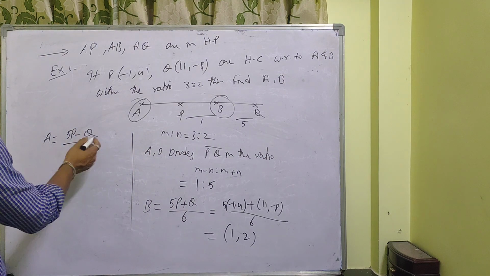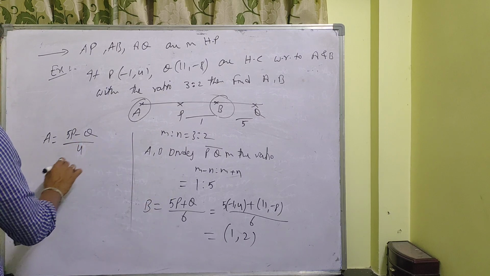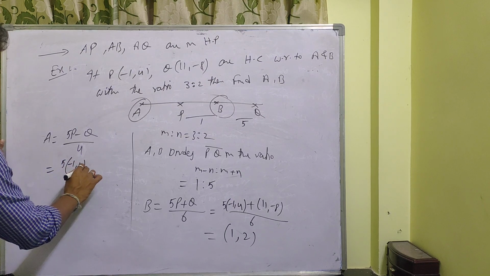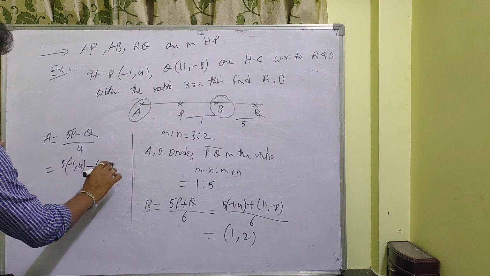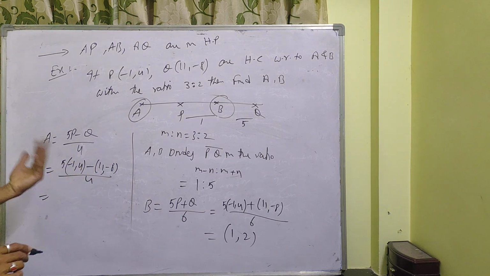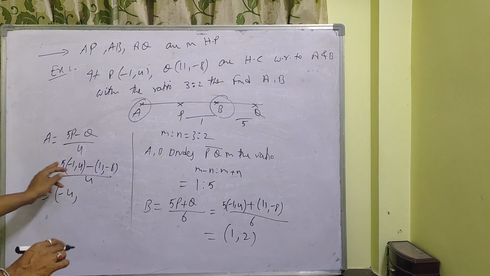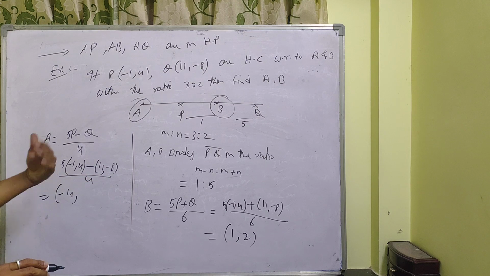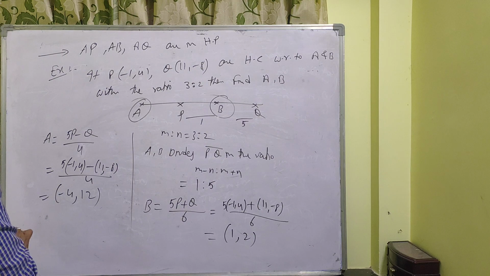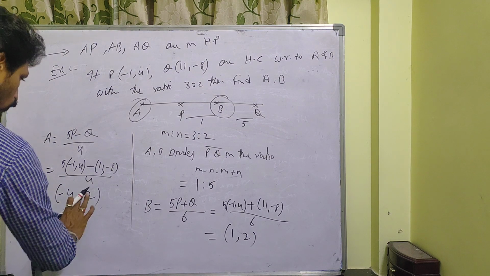Okay, both are same. 5P minus Q by, so 5 minus 1, that is 4. So 5P, that is 5 into P means minus 1 comma 4 minus Q means 11 comma minus 8 by 4. So minus 5 minus 11, so minus 16 by 4, so minus 4. 5 fours are 20 plus 8, 28 by 4, 4 sevens are 28.